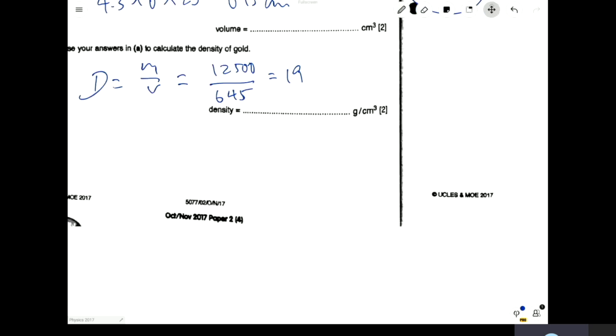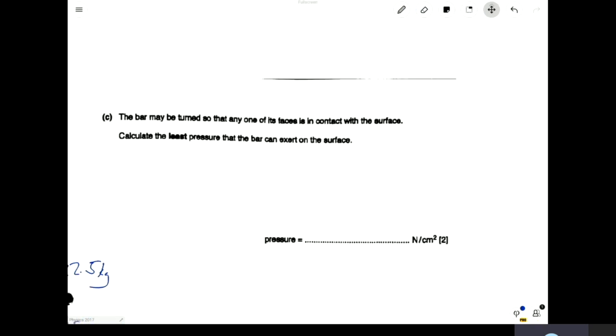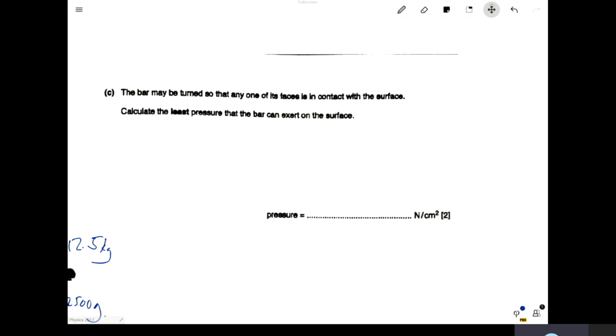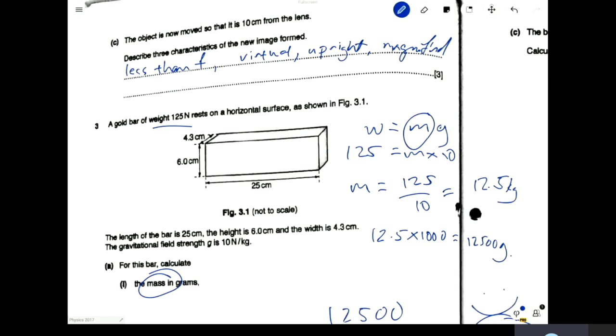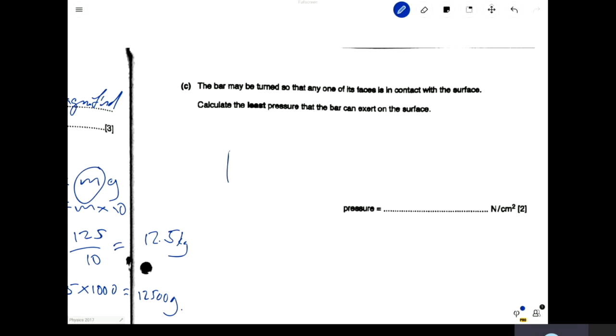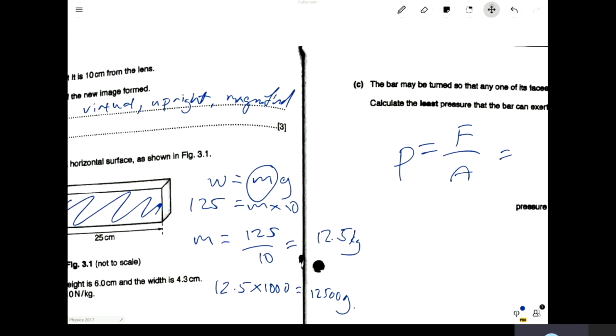Next, pressure. The bar can be turned so that one of its faces is in contact. Calculate the least pressure. So to find the least pressure, you gotta find the biggest area. You see the blue colored portion is the biggest area. So what's the area? 6 times 25. So pressure formula is F over A. What is the force?